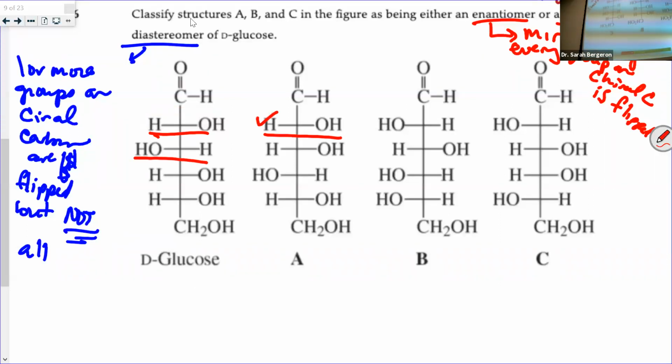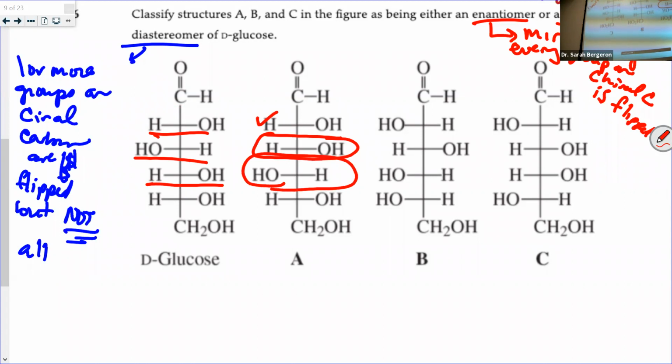Second chiral carbon, same or flipped? Ooh, this one's flipped. Okay, the third one, same or flipped? Flipped. Fourth one, same or flipped? Same. Is it an enantiomer or a diastereomer? This is a diastereomer. Not all of them were flipped, but at least one was.